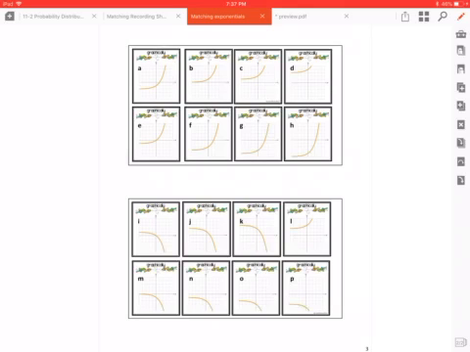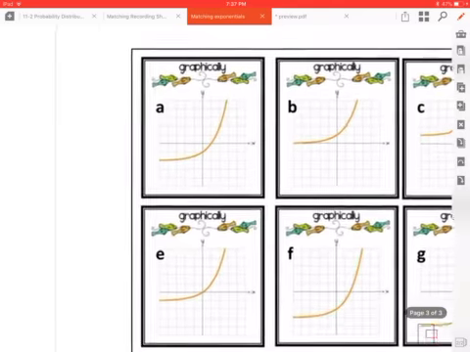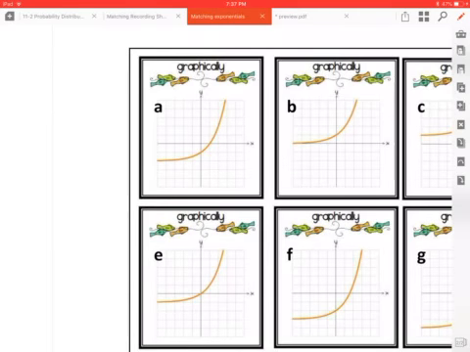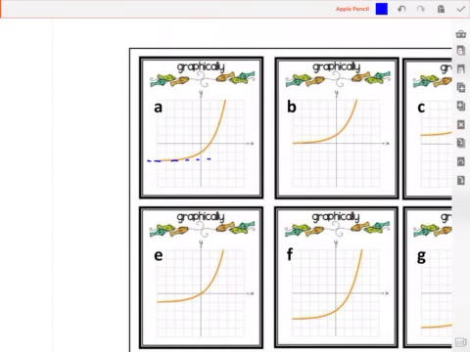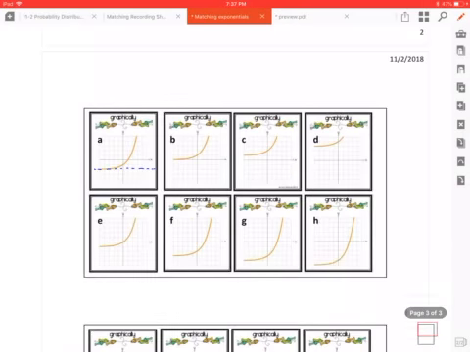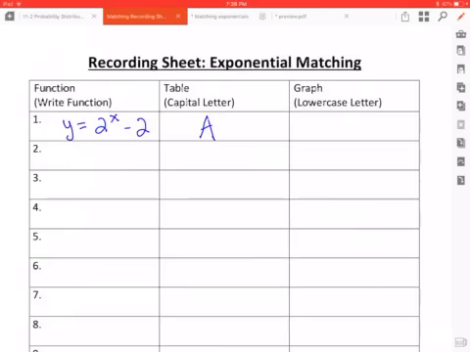The minus 2 would move it down by transformation, so it's been moved down. So looking at these, it's the first one. You can see here there's where our -2 would be, and it is exponential growth. Okay, so that one's going to be a lowercase a.